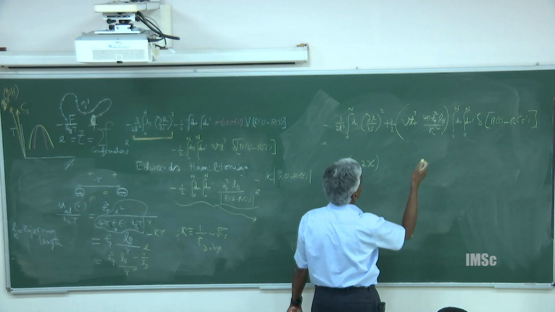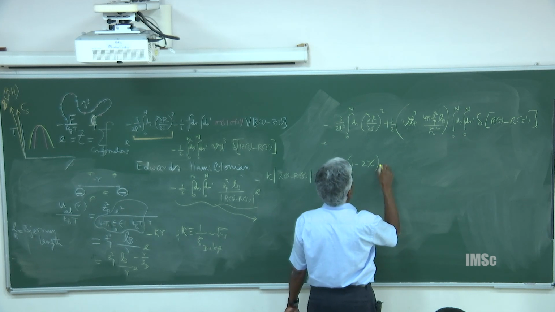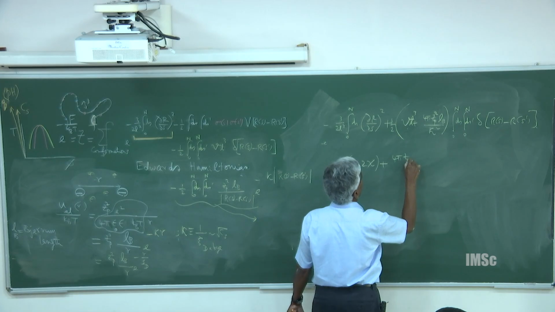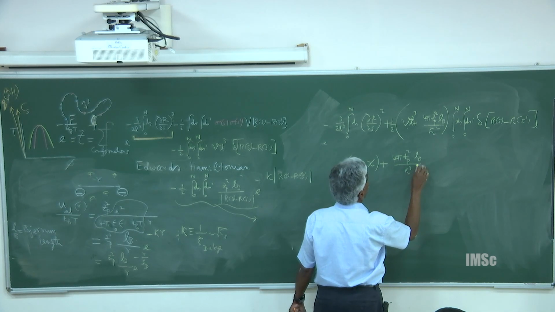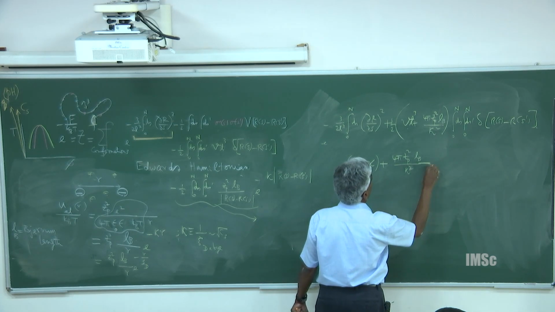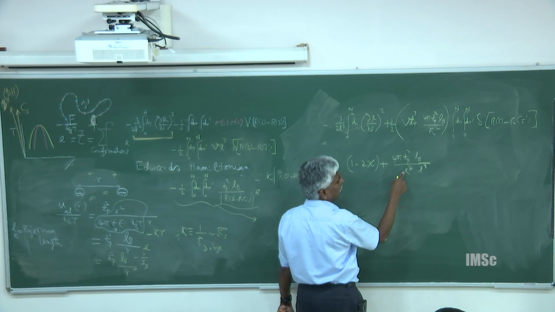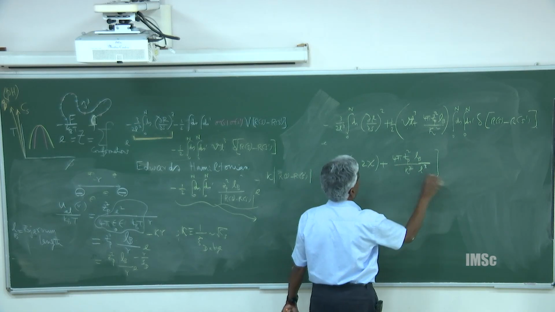Now instead of this, I have plus 4 pi Zp squared LB over kappa squared, times L cubed. The length cubed goes away, no dimension, and that is what I get now.